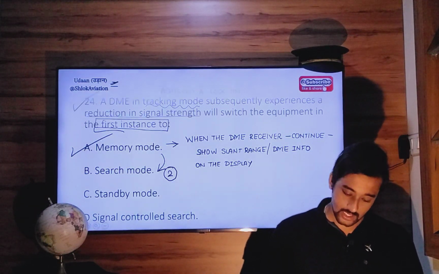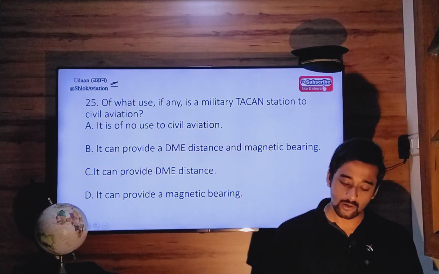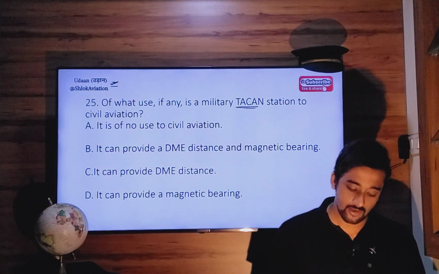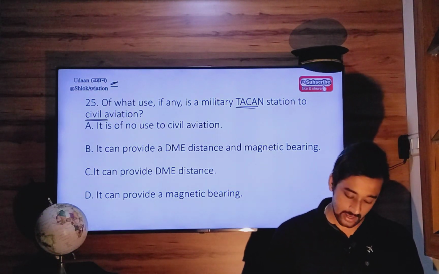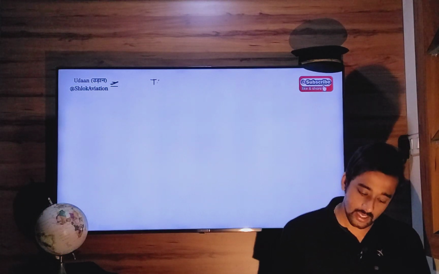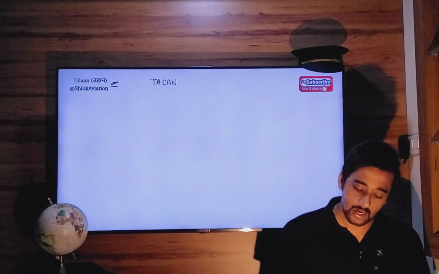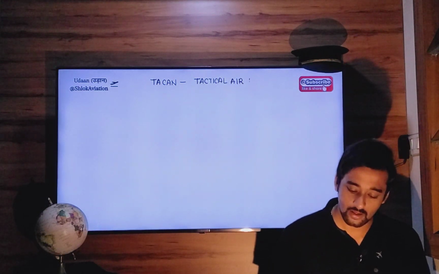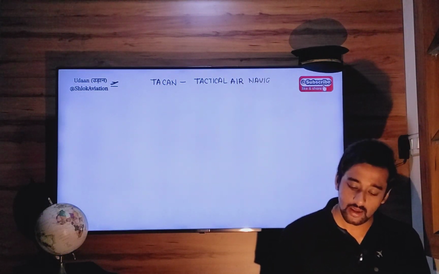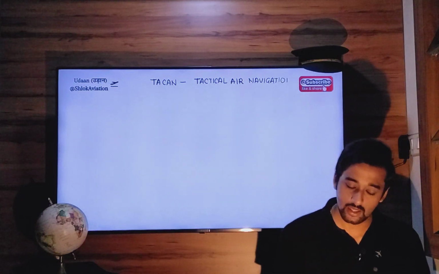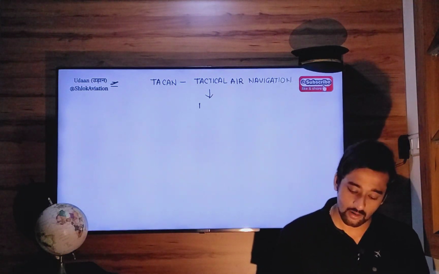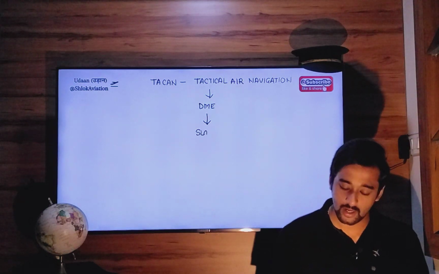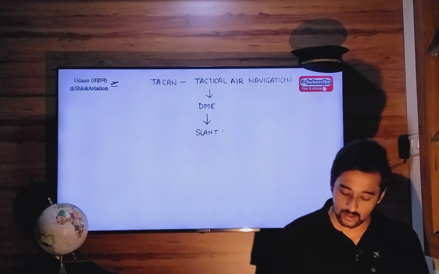Okay. Next, question 25. Of what use is a military TACAN station to civil aviation? Remember civil aviation. TACAN is tactical air navigation, mainly used by the military. Now this TACAN facility can use a DME ground station to give slant range information, just like a normal DME station.